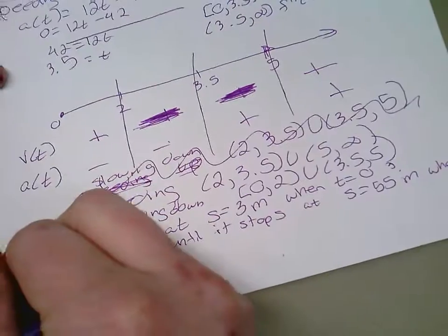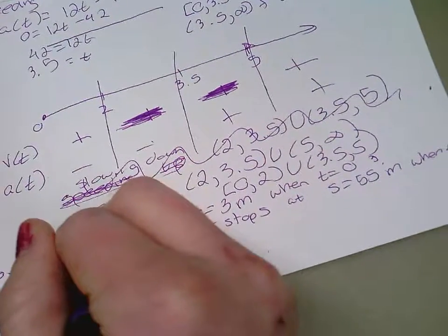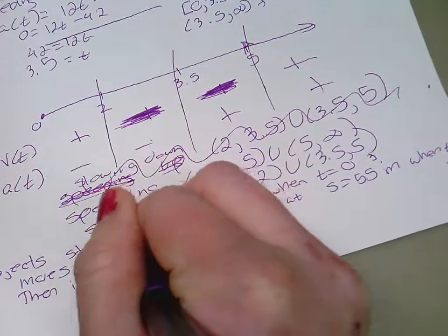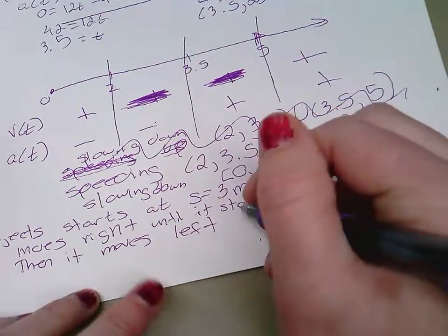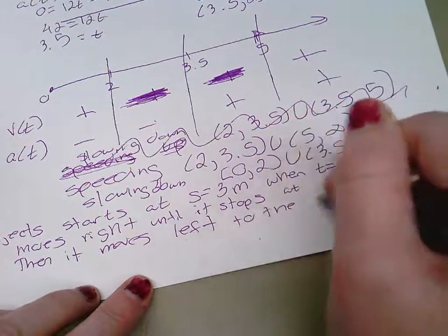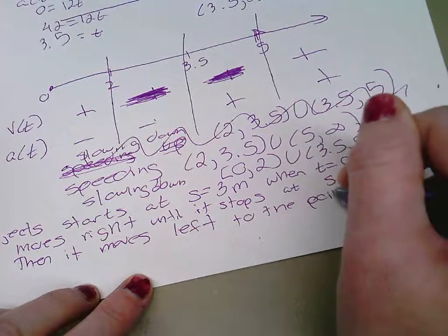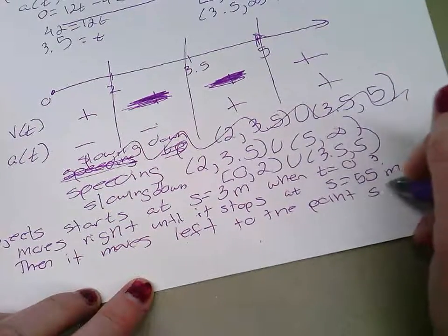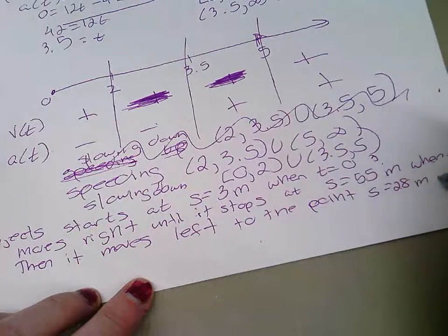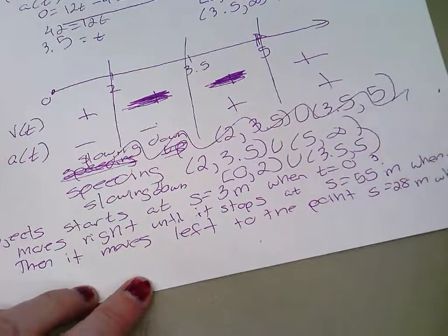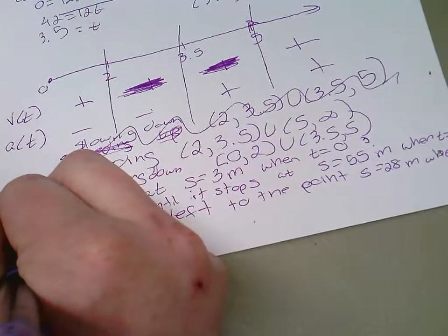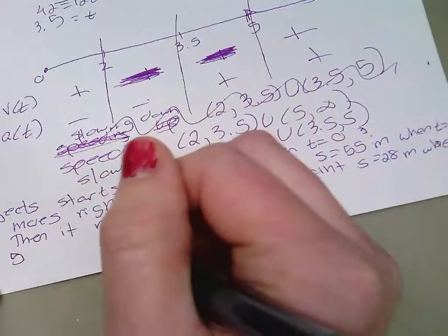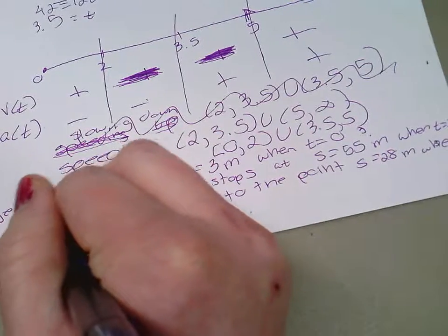Then it moves left to the point s equals 28 meters when t equals 5, where it stops again.